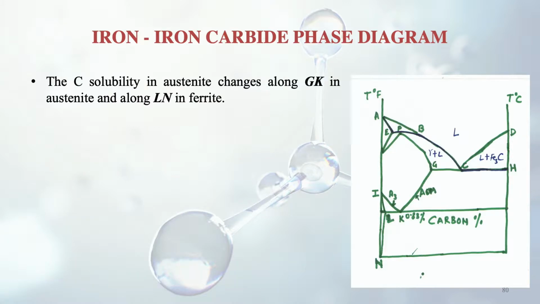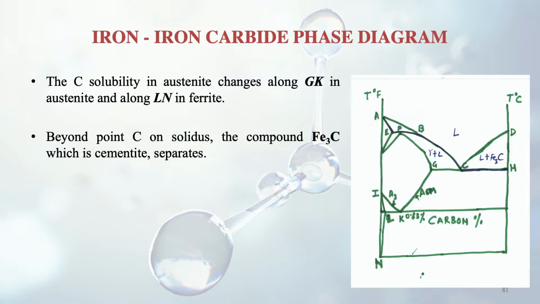The carbon solubility in austenite changes along GK. So there is a line you can see in the graph, GK, along which the carbon solubility varies in the austenite phase, and along Ln in the ferrite. Ln is also marked in the figure. So the solubility of carbon varies along this line Ln in the case of the ferrite structure.